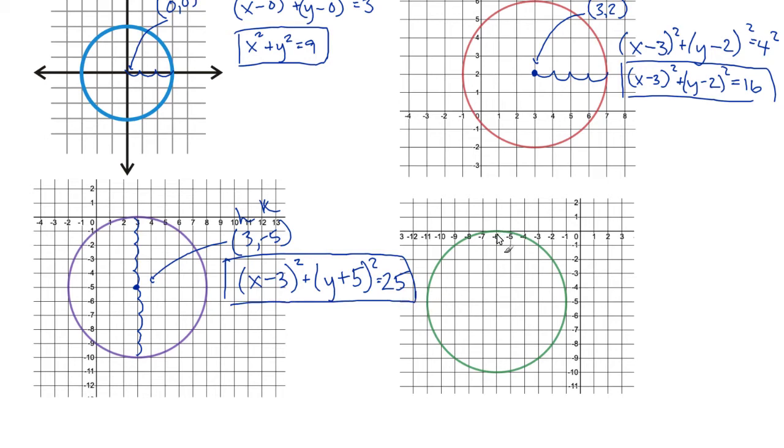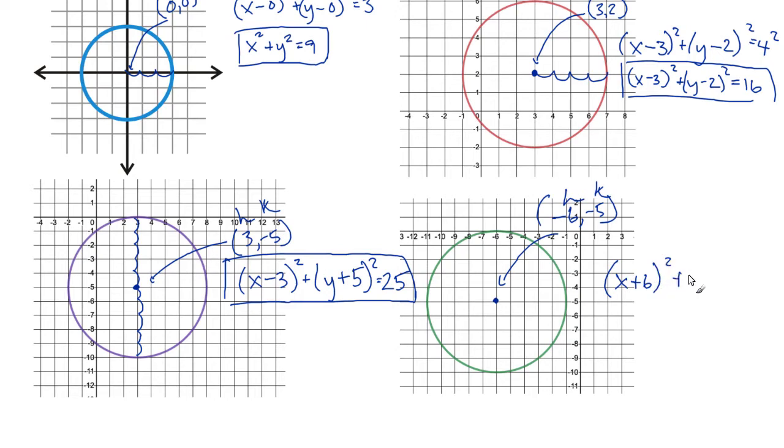And the center is negative 6, negative 5, h, k. Oops, not y, x. So this is negative 6. Instead of minus negative 6, we're going to write plus 6.